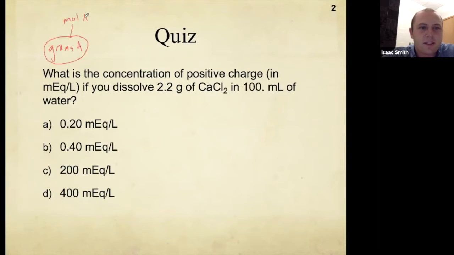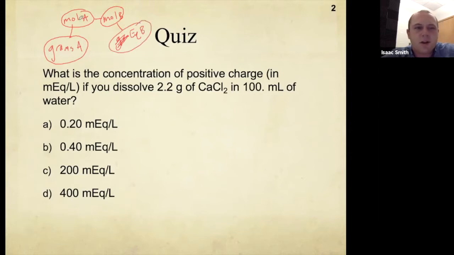Usually we go from grams of A to moles of A over to moles of B, and then usually go to grams of B, but in this case we're going to equivalents of B. From grams of A to moles of A is the molecular weight.